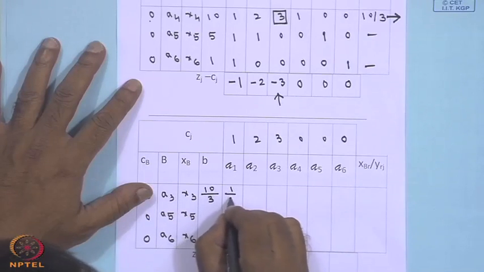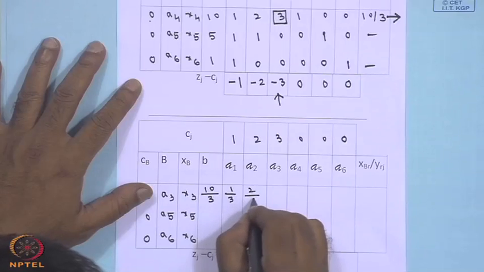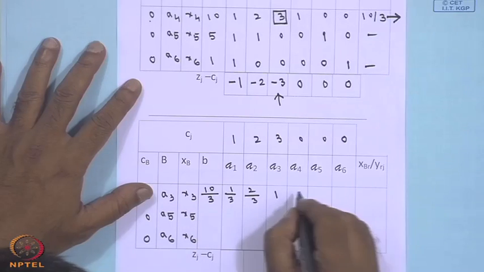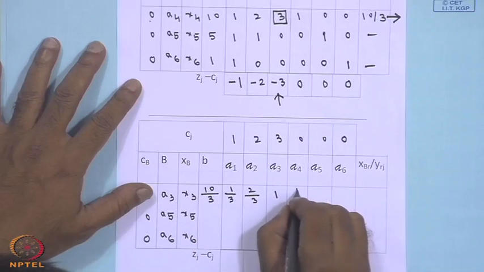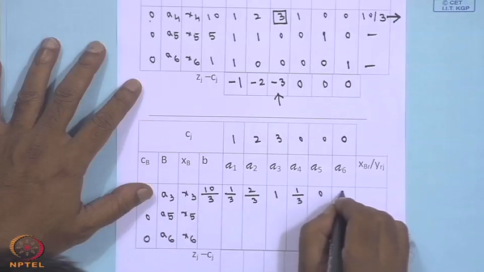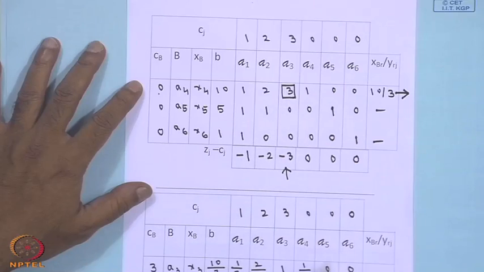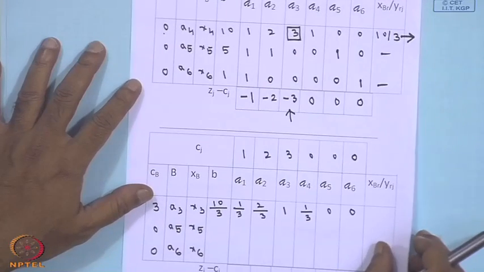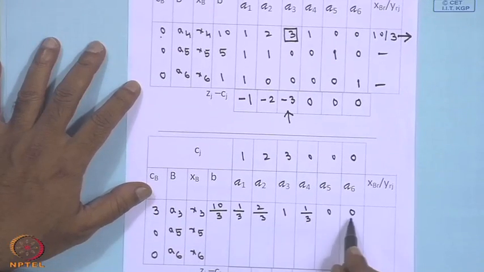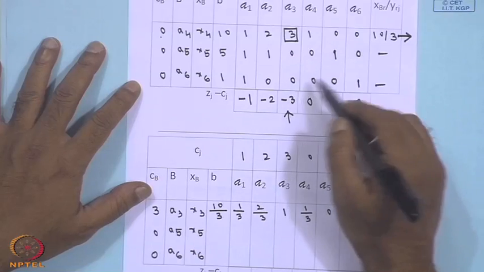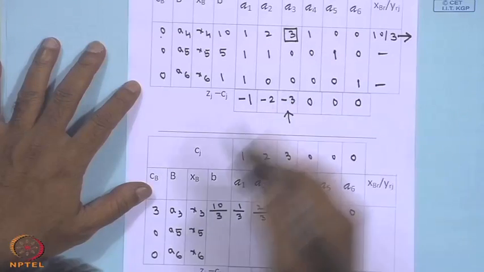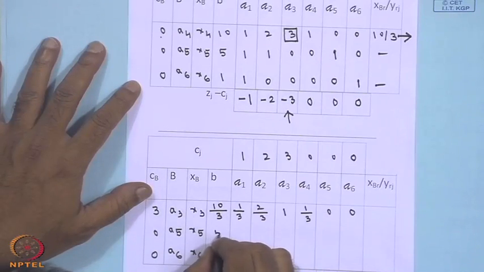So, 10 by 3, 1 by 3, 2 by 3, 1, 1 by 3, 0 and 0. Dividing by 3, it becomes 1, and we got this particular row. For the next two rows, if you see, already 0 is there. So, there will be no change in this.